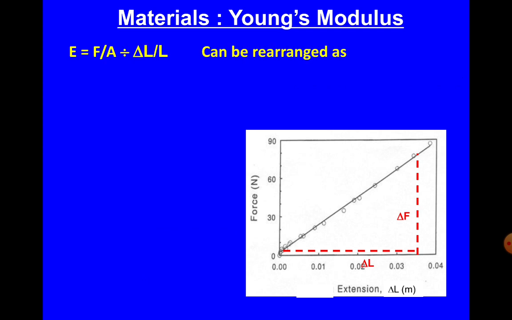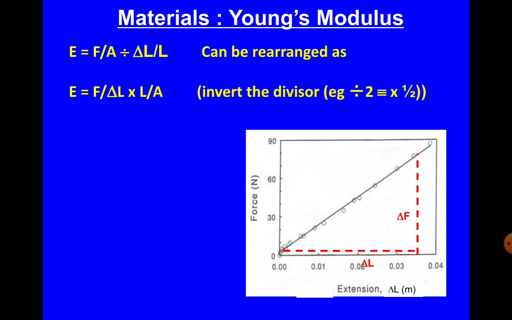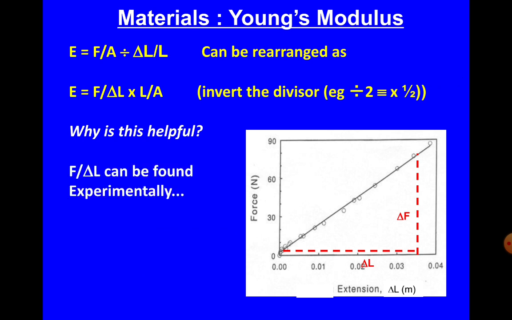We can rearrange this formula, it doesn't matter so much. But if we want to know the Young's modulus, we can use the gradient of the Hooke's law graph. Okay, nothing special about this.